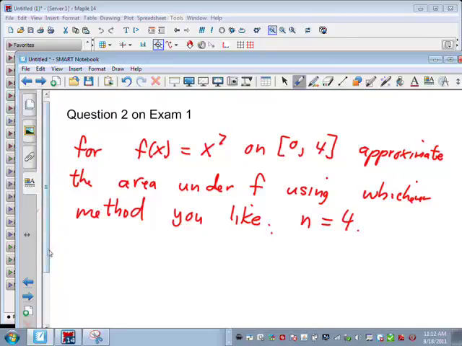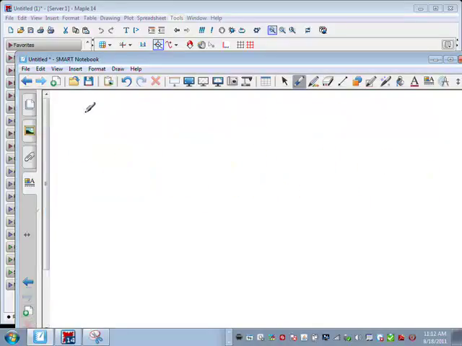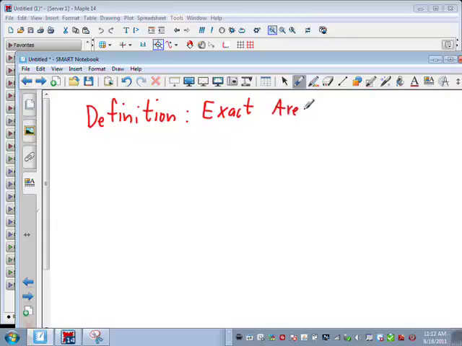All right. So let us now give the definition of the exact area, the integral limit. Exact area under the curve.